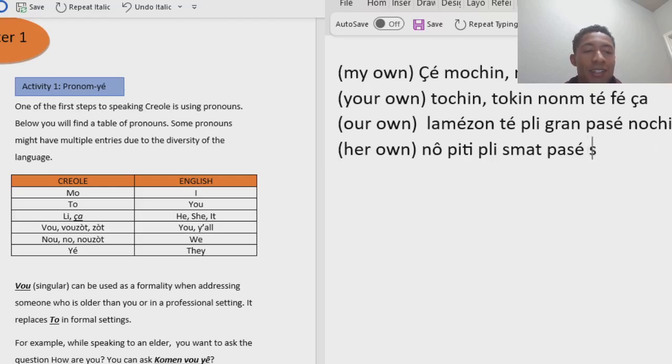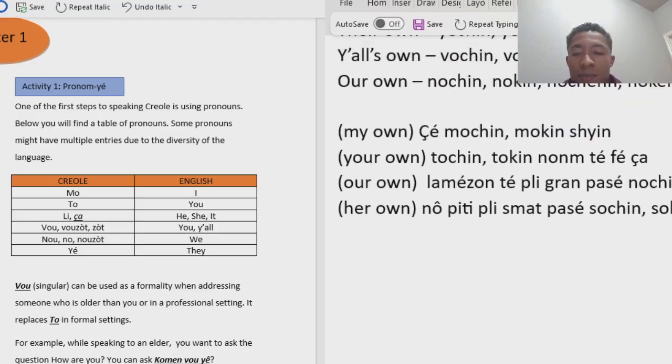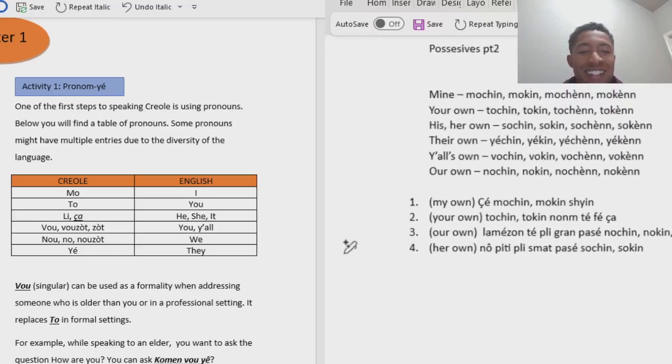Y'all are correct. So chen or so can. No pitié, plus smart passé so chen. No pitié, plus smart passé so can. Our child is smarter than theirs, or our child is smarter than hers, or her own.